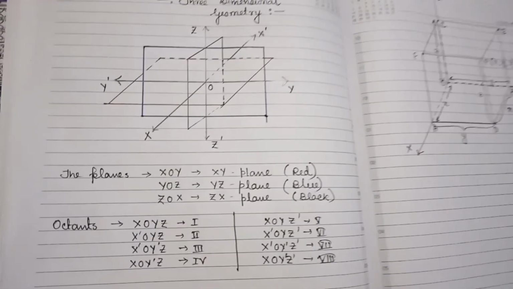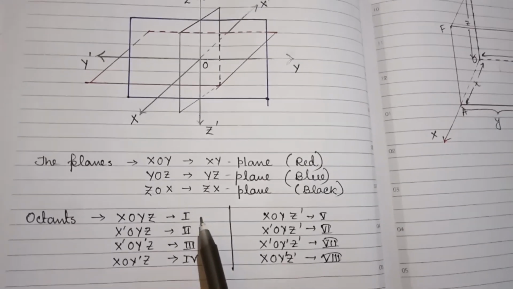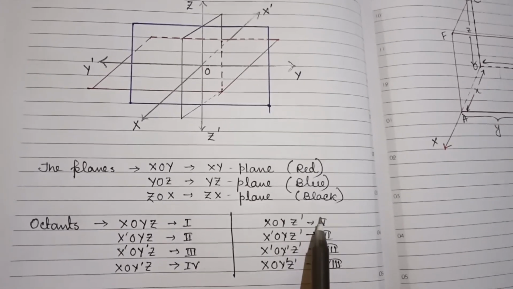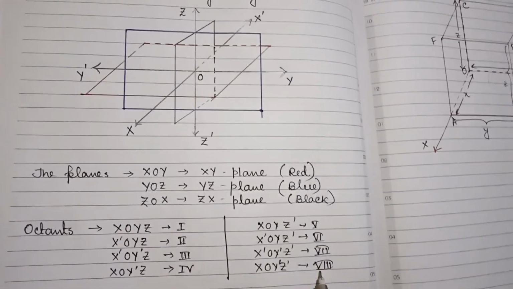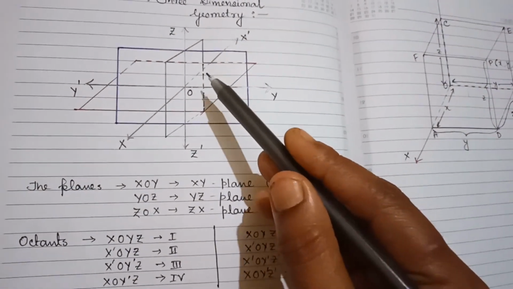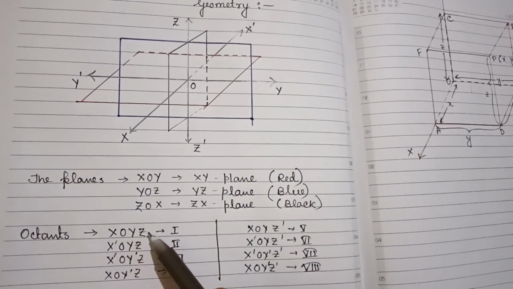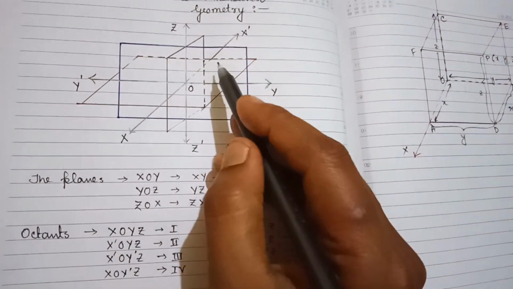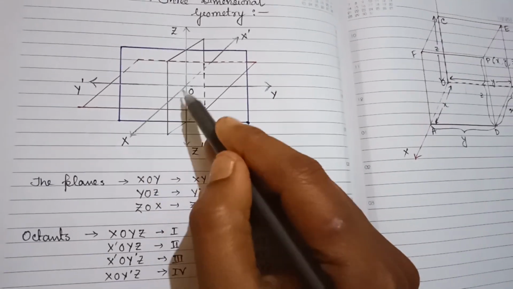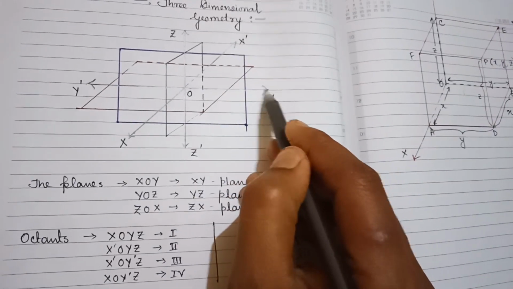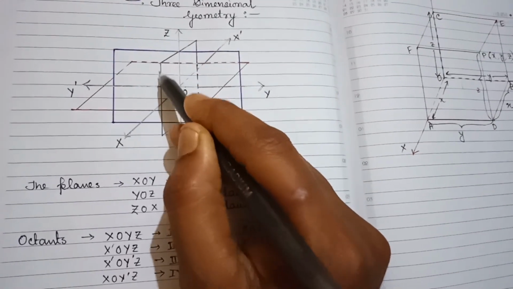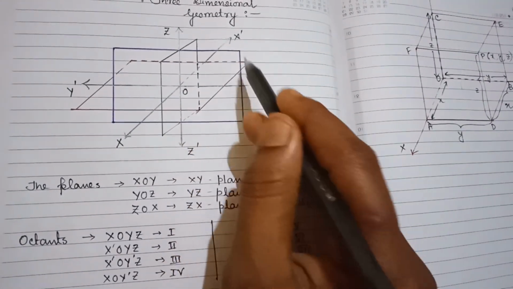So what are the octants' names? They have particular names like first quadrant, second quadrant; here also first octant, second octant, third octant, fourth octant, fifth, sixth, seventh and eighth octant, obviously written in Roman capitals. Now look at this: X, O, Y, Z. Which part is it?